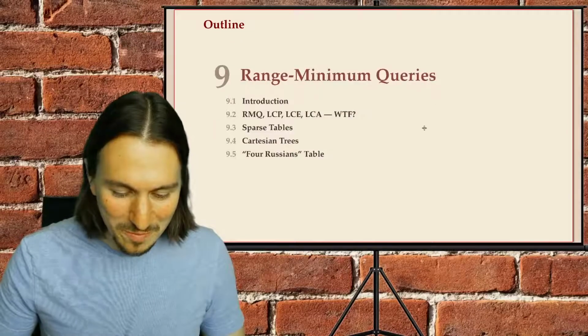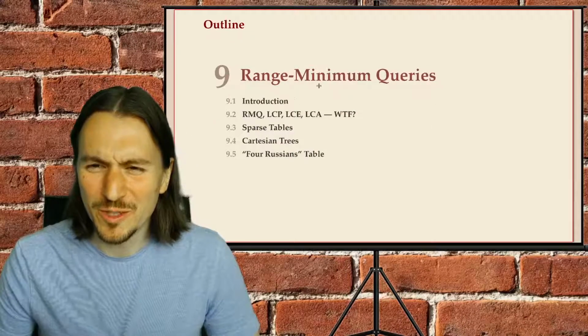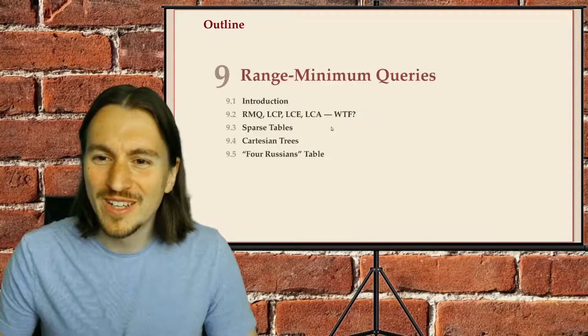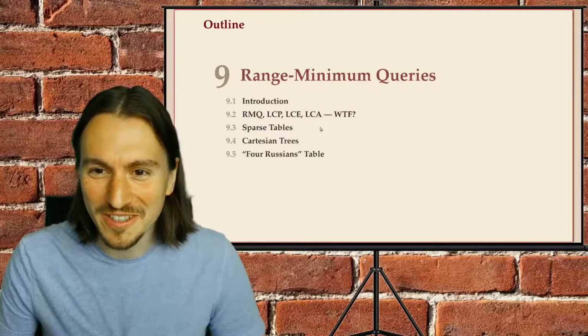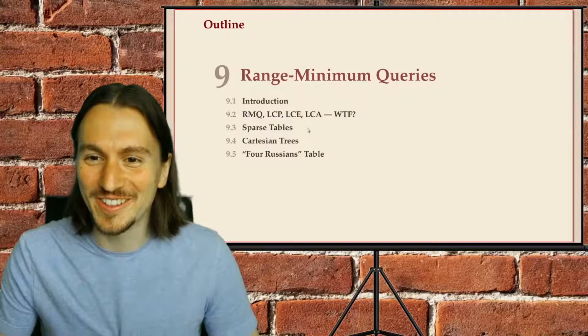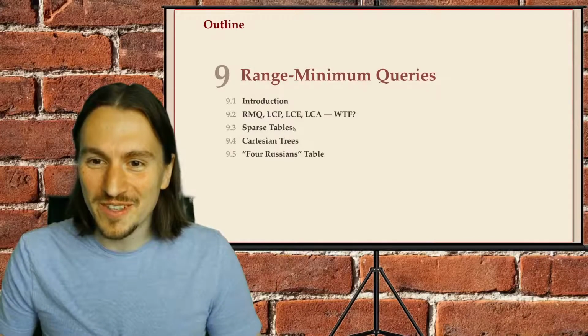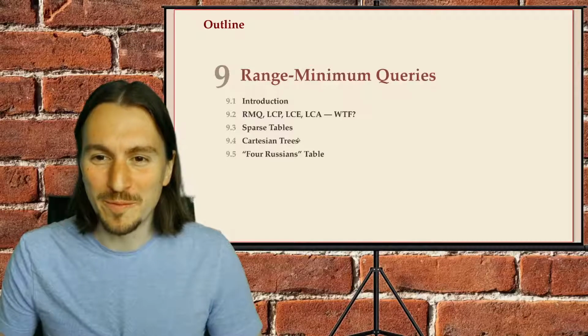What is this about? I'll start with a little bit of an introduction. What is this problem? What's this weird name coming from? My favorite subsection title, I won't read it out or tell you what the abbreviations mean right now. And then we'll look at solutions for this range minimum problem.